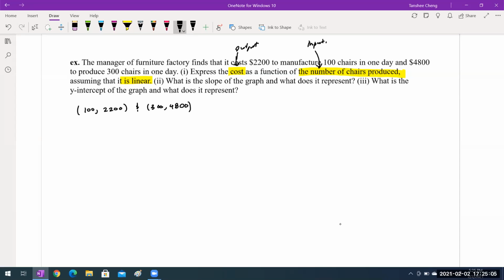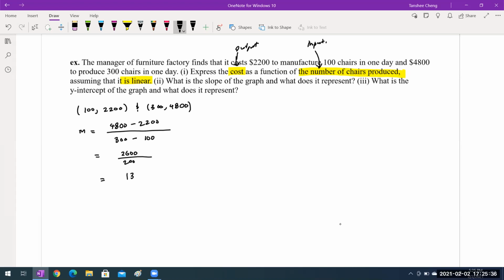So now I can use these 2 points to find the slope, which is y2 minus y1 over x2 minus x1. And this gives us 2,600 over 200. Now, dividing this, that will give us 13.